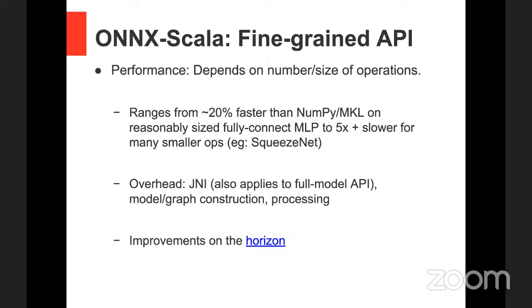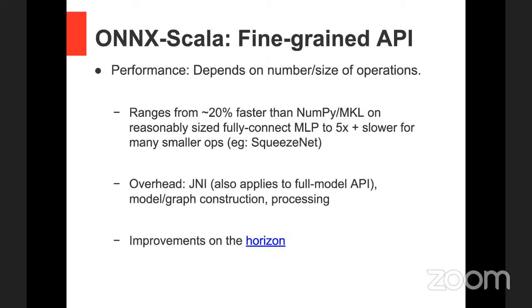But this API can also be a lot slower. Like I said, if there's a lot of small operations, that's because of different sources of overhead. We have JNI, because this is a native library that we're interacting with, so by necessity there is copying overhead. But surprisingly, despite all of this being functional and there being copying and everything else, it actually is surprisingly performant.